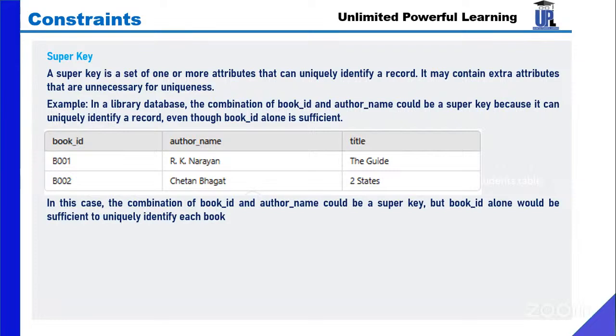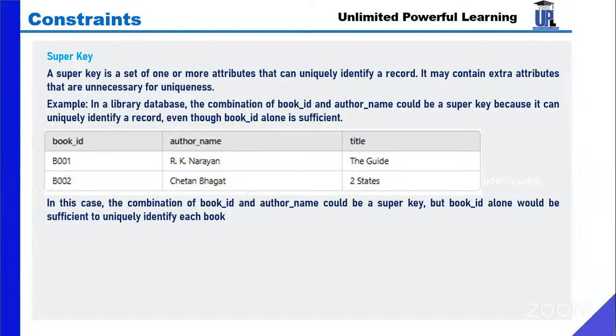That means a candidate key is nothing but all ten being eligible. They are unique and not null. You can select any one, but the one you have selected is called the primary key. But unique means it should not have duplicate values. That is the only difference actually.